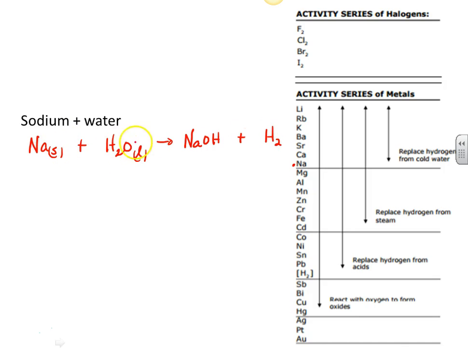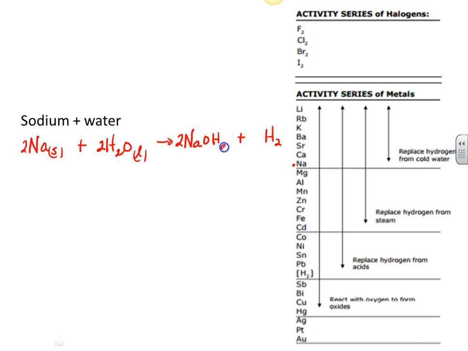That means we're going to have a 2 here. Okay, a 2 here and a 2 here. 2 sodium, 2 sodium. 4 hydrogens. 2 plus 2 would be 4 hydrogens, and 2 oxygens. 2 times O is 2 oxygens.